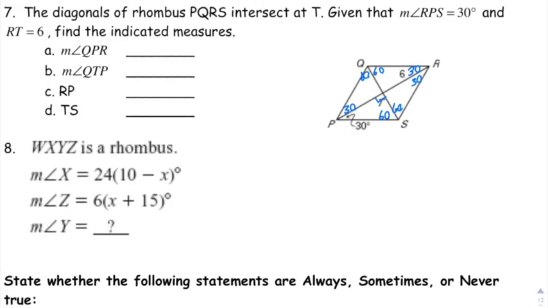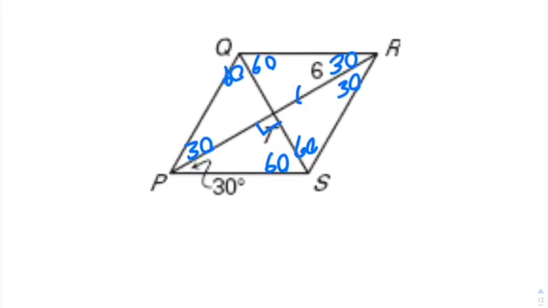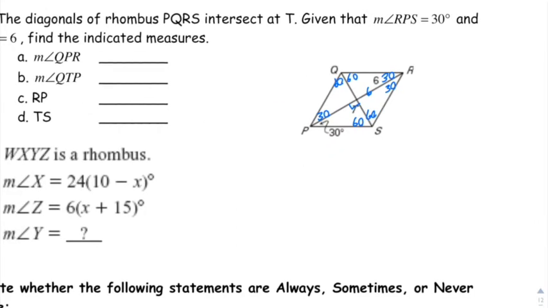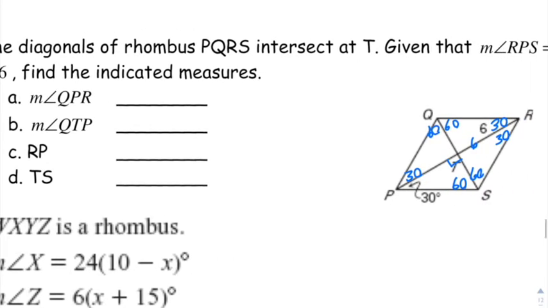What do they tell us also? RT, where is that? Oh, okay, RT is going to be 6. And I bet you we're going to have to use a 30, 60, 90 triangle to find the rest. All right, let's see here. You got Q, P, and then R. QPR, oh okay, yep.